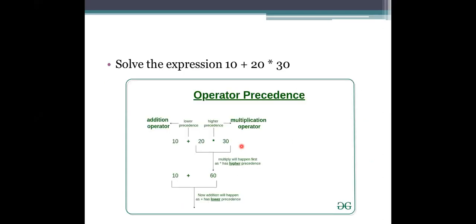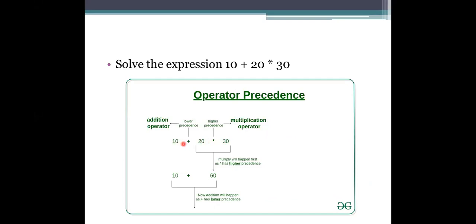See this example, which is for operator precedence. Here, we didn't mention any parentheses or any separate evaluation of our expressions. We simply gave the values, and then provided these operators to be evaluated. First, we need to plot the expression in such a manner.